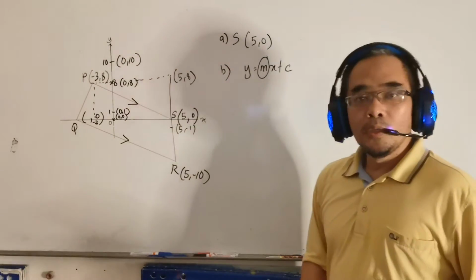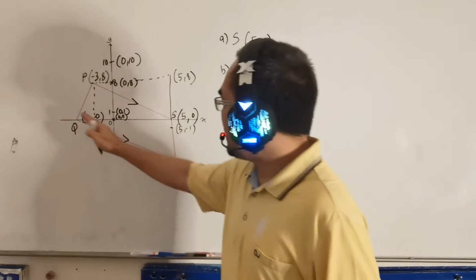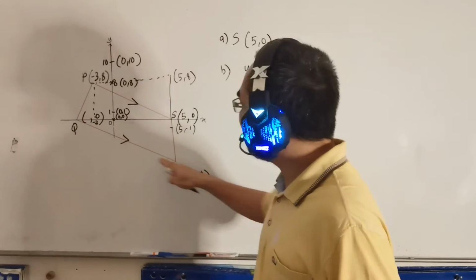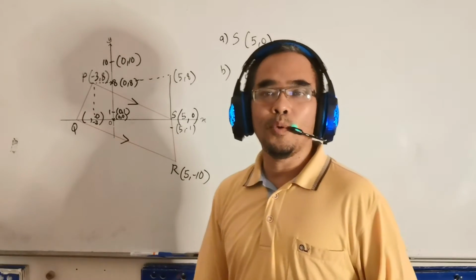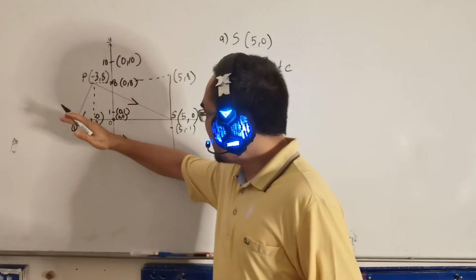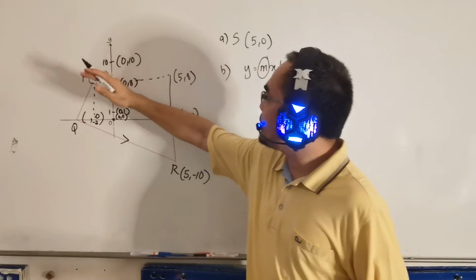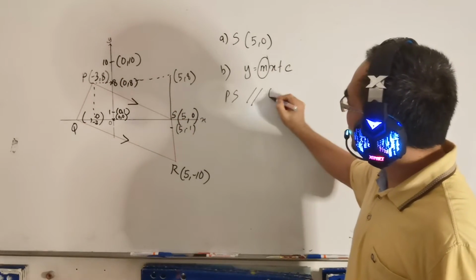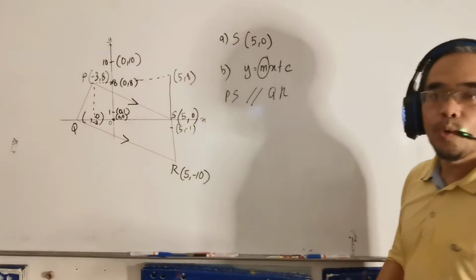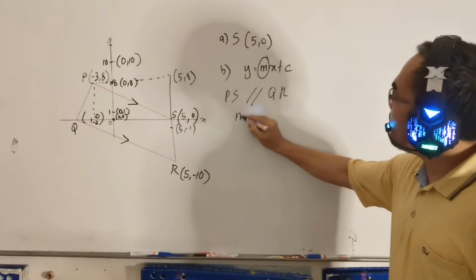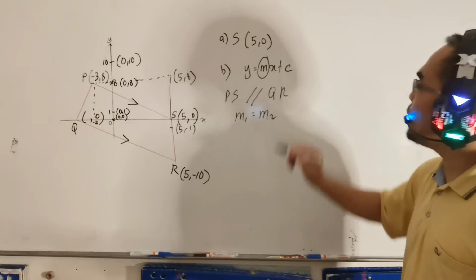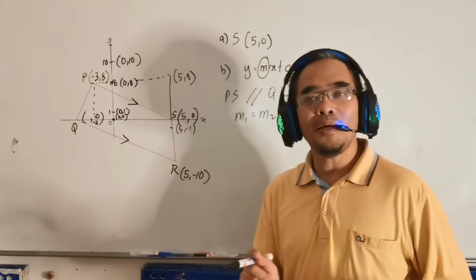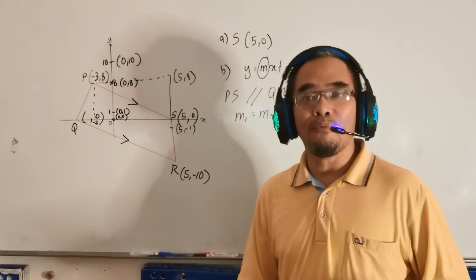There is only one coordinate, so it is not possible to find the gradient of QR from the line QR. But QR is parallel to PS. So what is important? m1 equals m2. If two lines are parallel, they have the same value of gradient.